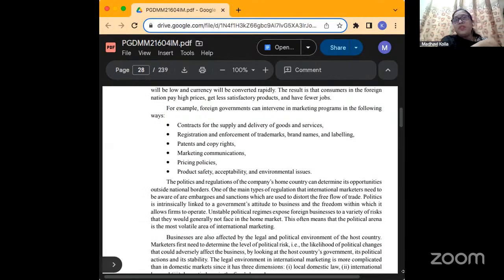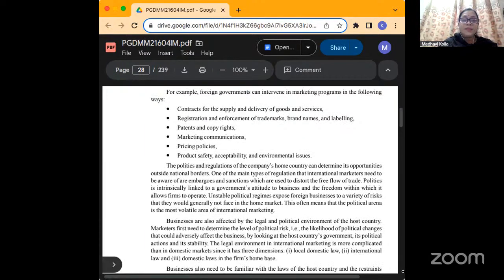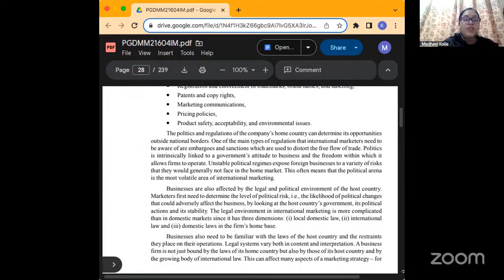At the same time, the more common aspects like pricing policies, product safety, acceptability, and environmental issues also need to be considered. So the politics and regulations of both the home country and the host country need to be considered. If you are introducing your products in multiple countries, that means your host country has a multiplier effect.